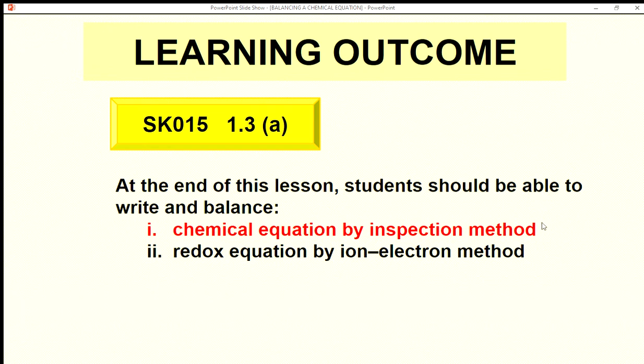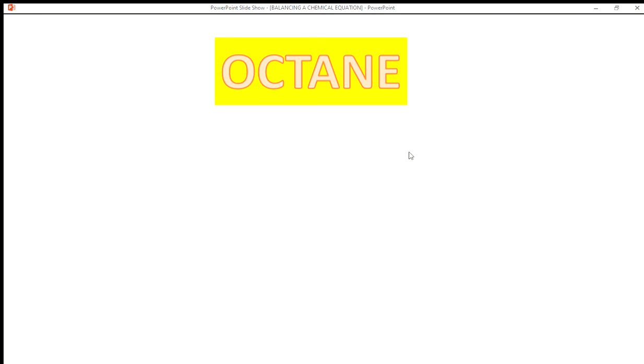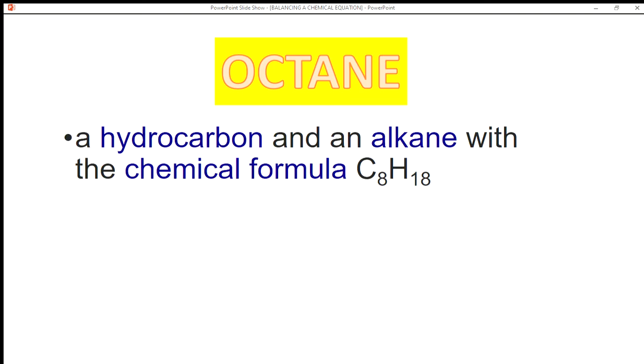Alright guys, to start this lesson, I'm going to use one example. Here I'm going to use octane. Do you know what octane is? Octane actually is a hydrocarbon. When we say hydrocarbon, what is a hydrocarbon compound? A compound that contains only carbon and hydrogen.